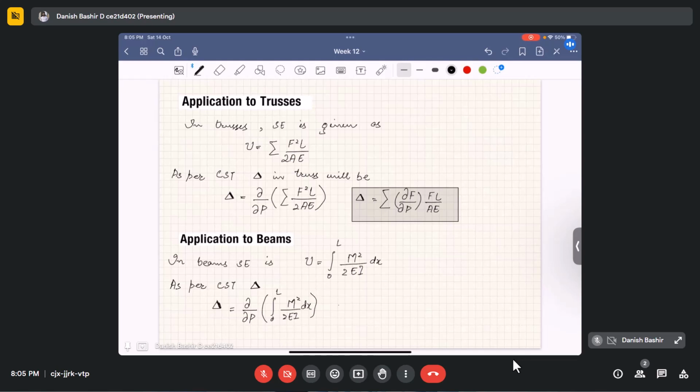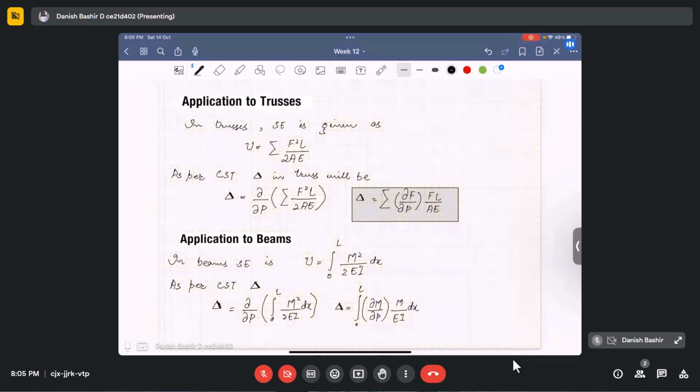If we solve this expression, taking the integral outside, 2 and 2 will cancel. It will be dou M by dou P times M by EI dx, similar to the expression given in virtual work, where that was m times M divided by EI.